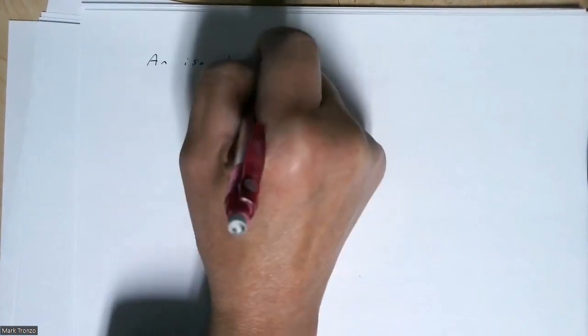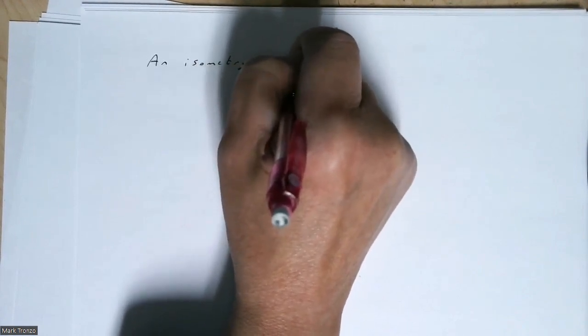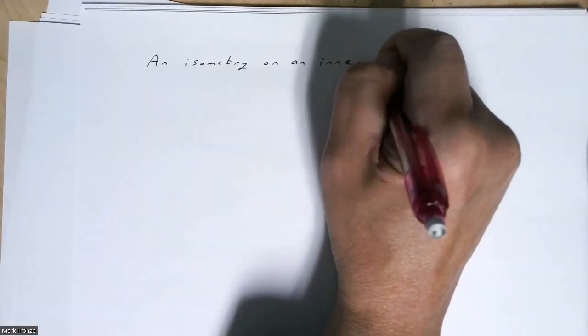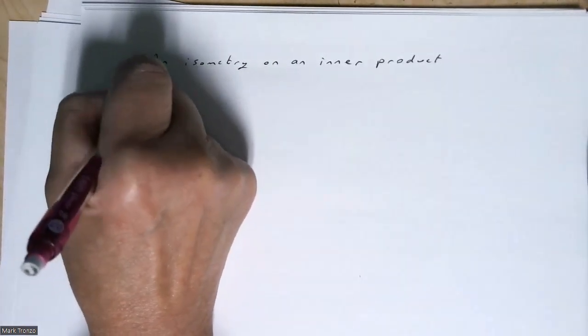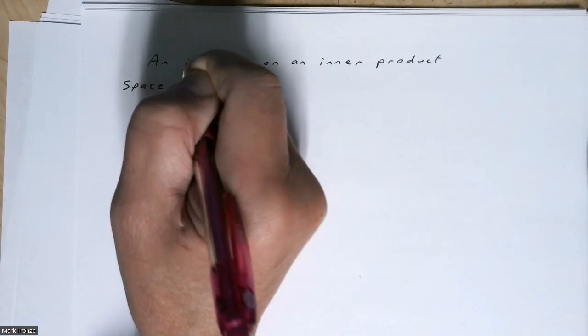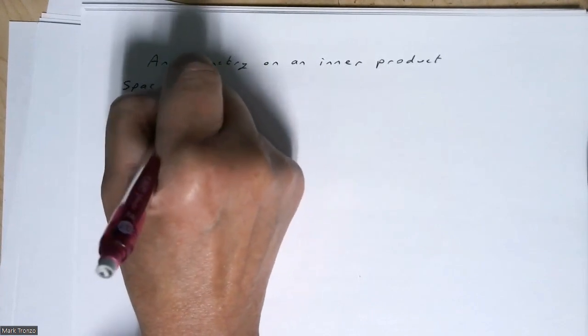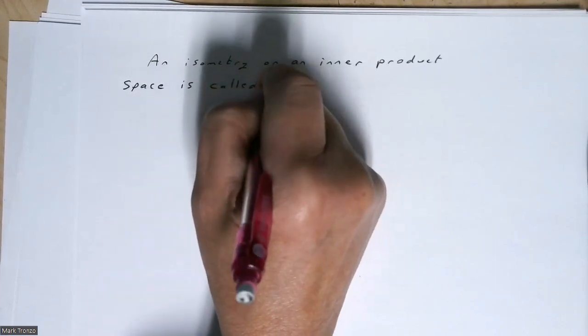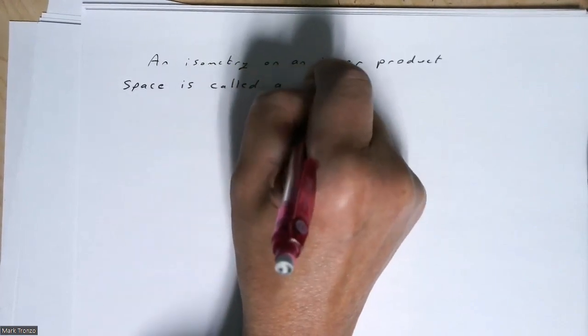And now we have a definition. An isometry on an inner product space is called a unitary operator.